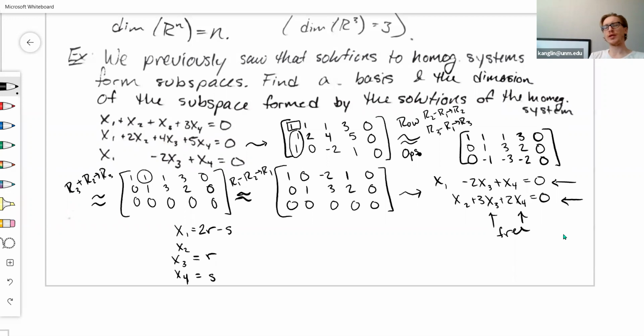Similarly, this equation gives me x2 as negative 3x3, but x3 is just r, minus 2x4, which is minus 2s.